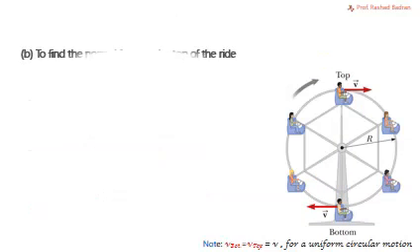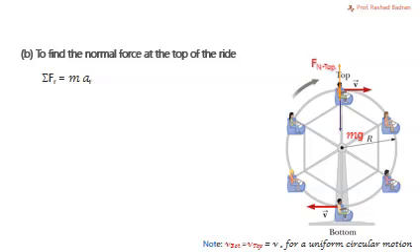To find the normal force at the top of the ride, again we have mg downward towards the center, and we have the normal force of the chair on the child outward, as shown in the diagram. The resultant radial force, centripetal force, is this, where the one going outward, F_N top, has a positive sign, while mg this time has a negative sign, because mg is directly toward the center.